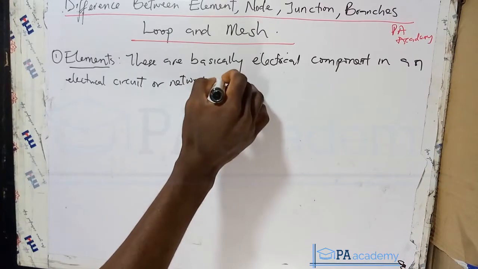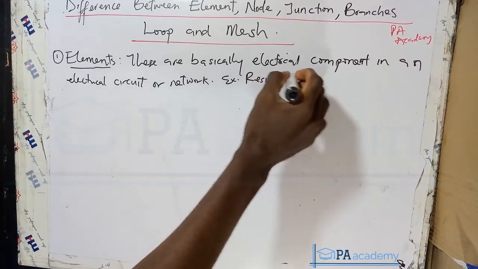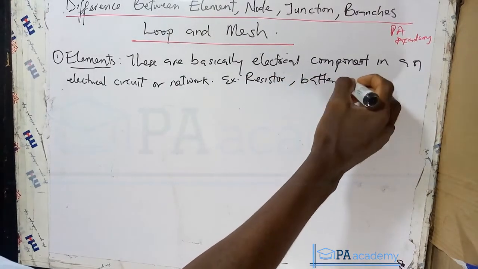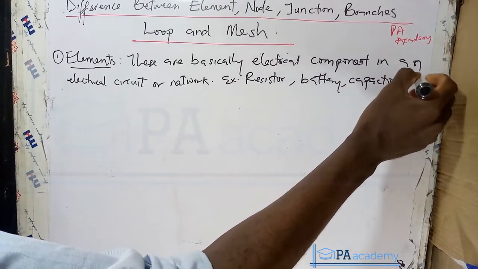An example we have is, for example, a resistor, the battery, maybe like your capacitor, and so on.